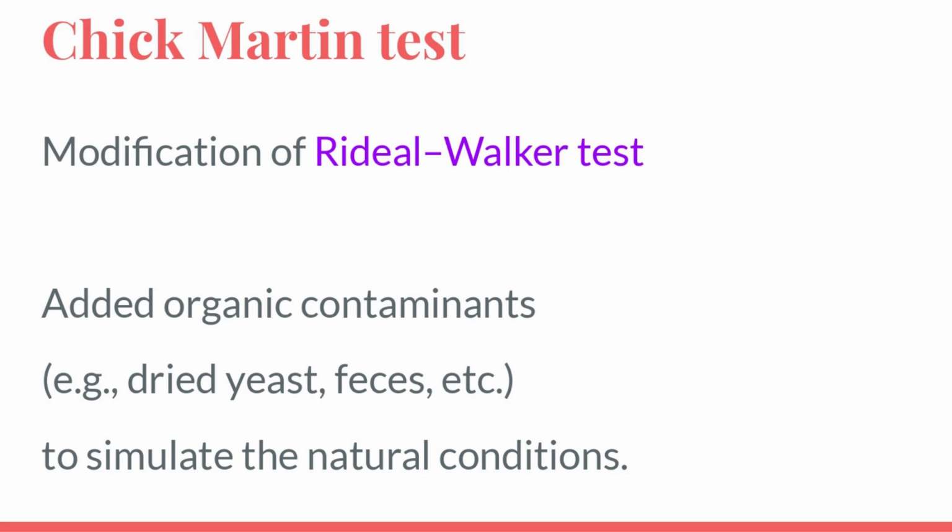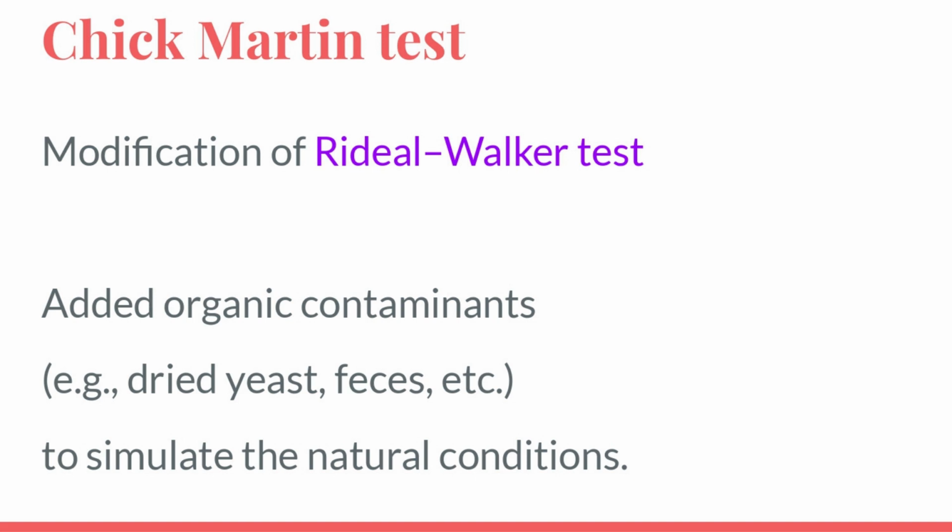This is a modification of the Rideal-Walker test. This modification eliminates the disadvantage of the Rideal-Walker test. That is, the Rideal-Walker test cannot predict the disinfection power if there are natural or organic contaminants.